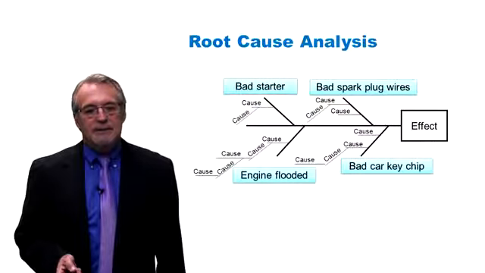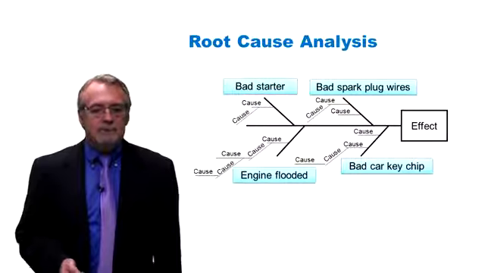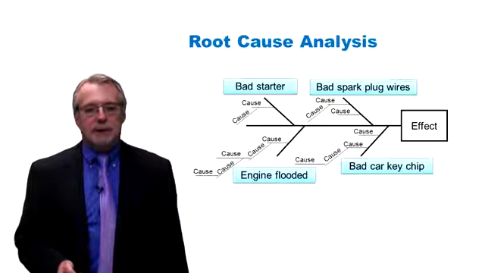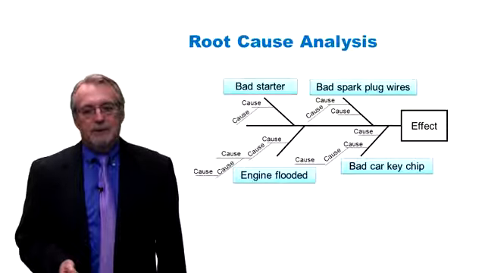Root cause analysis. We have some different categories. What we do is say in category 1, 2, 3, 4, what are the causes of the problem under this category? So one category might be something mechanical. Your car won't start.